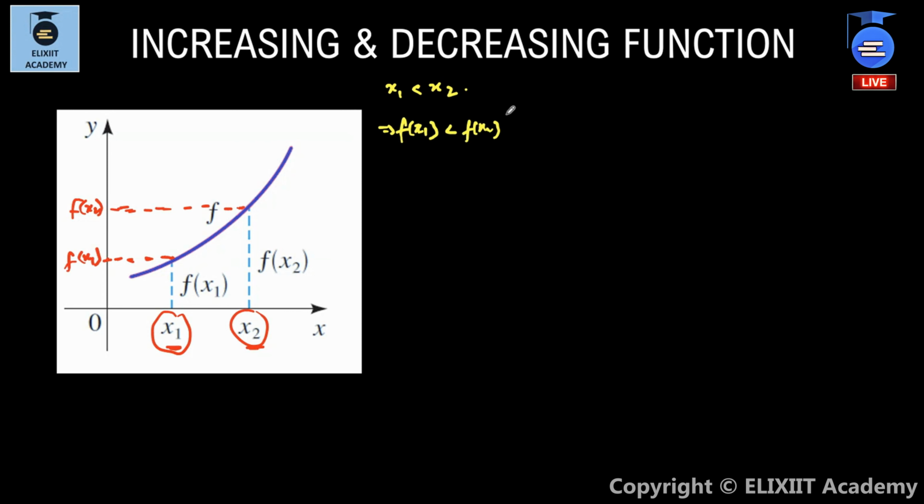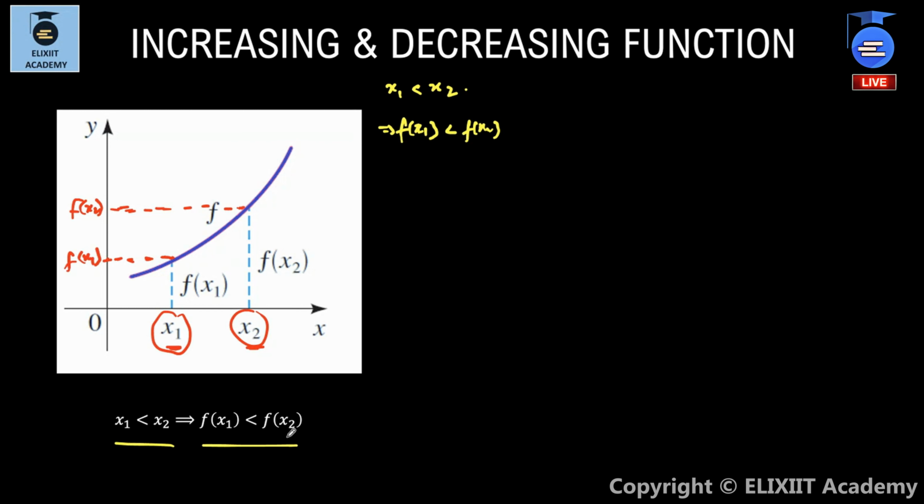This is the definition of an increasing function in general. I am going to show you with an example also. If x1 is less than x2, then f of x1 is less than f of x2.